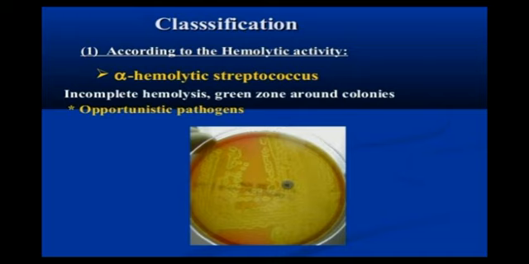The hemolysis in alpha hemolytic streptococci will be incomplete, that means the destruction of RBCs will be incomplete. The color of the colonies will be green and a green zone will be formed in the culture media.